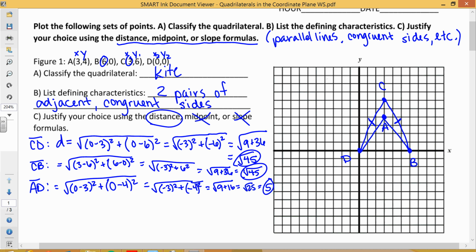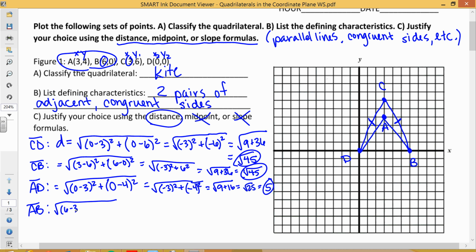So then I'm going to try side AB and see if it's congruent. So AB, I have these 2 points here. So I have 6 minus 3 for the x's.